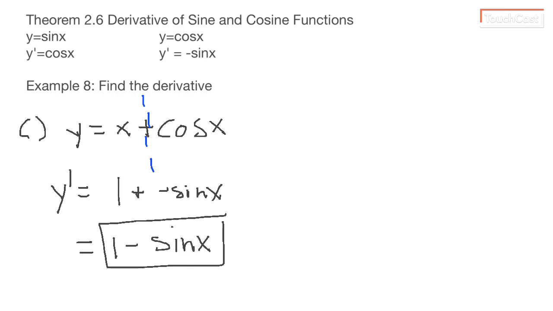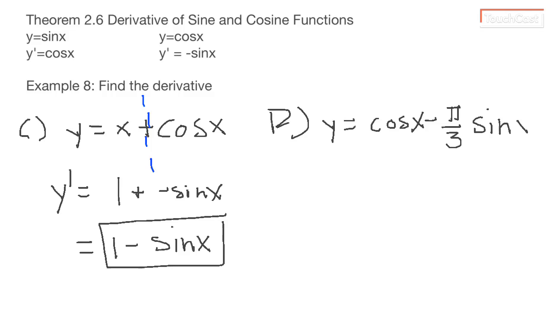Let's look at the last example I have of sine and cosine derivatives. It's going to be 8d. We're going to have y equal cosine x minus pi over 3 sine x. So again, this has a lot of what we've been talking about, but it does have that sum difference rule in there. So we're going to first split it, and we're going to find y prime of each term separately.